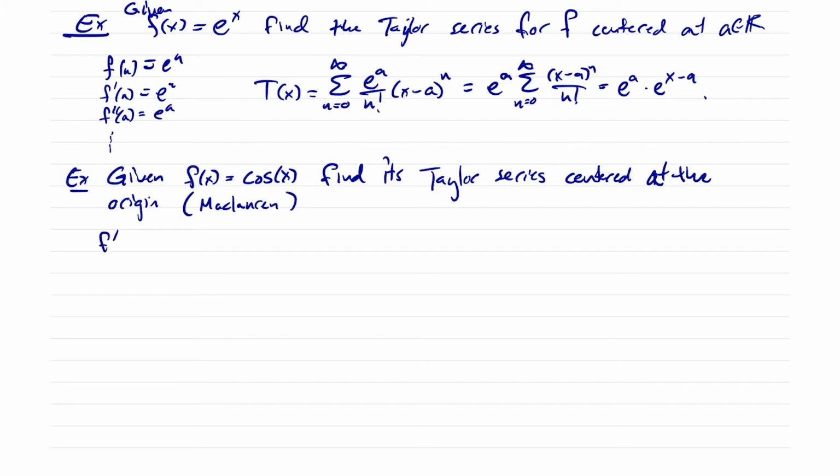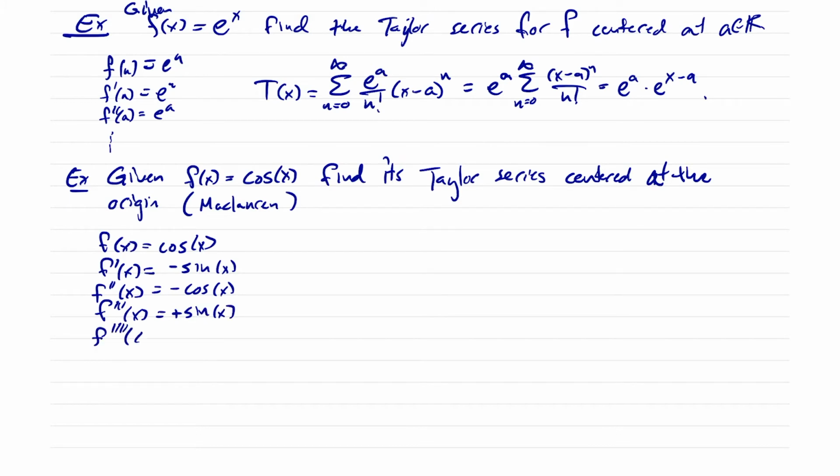So here we go. We know what f of x is, cosine of x. We know f prime of x, and that is equal to minus sine of x. We know f double prime of x is equal to minus cosine of x. And let's do a couple more. F triple prime of x is equal to plus sine of x.